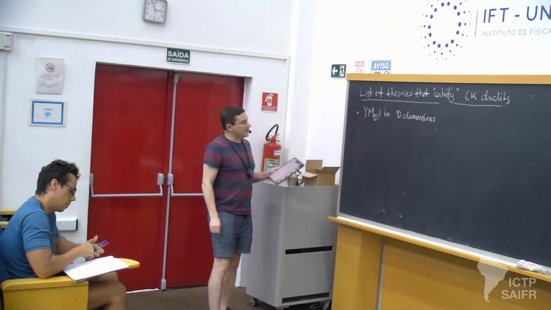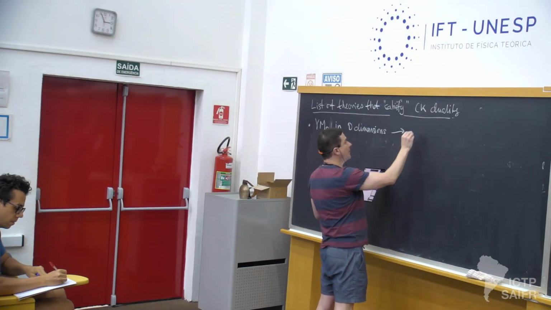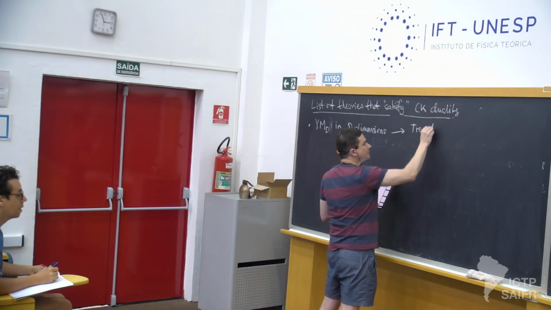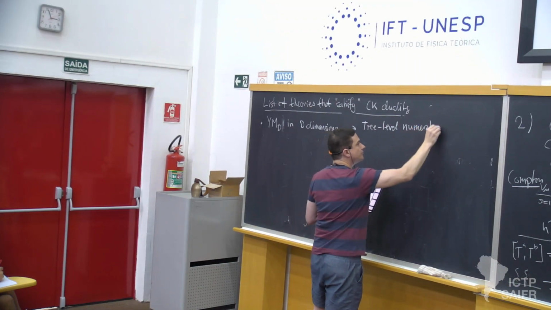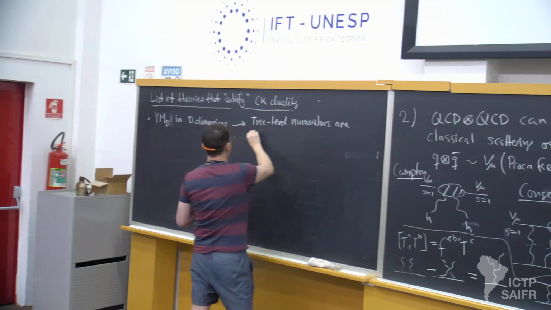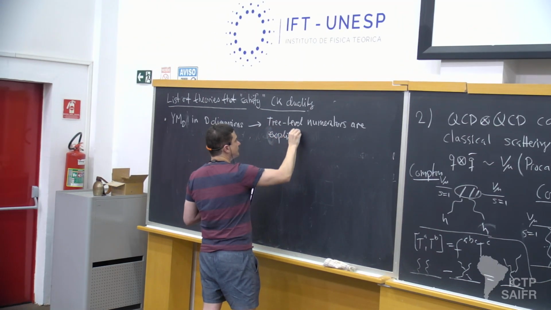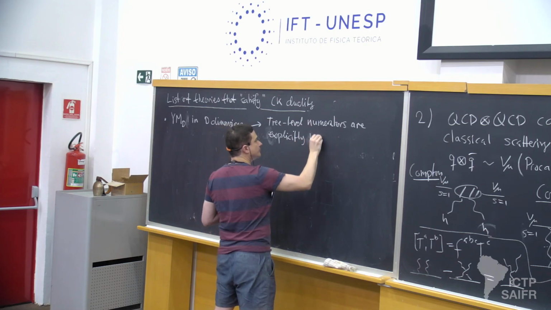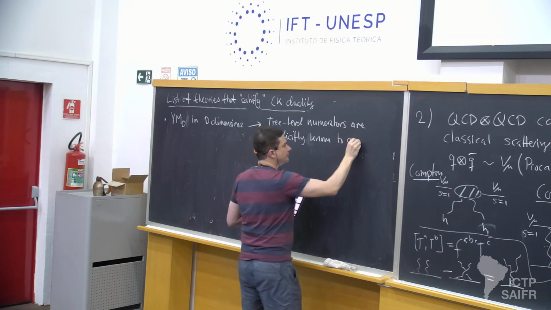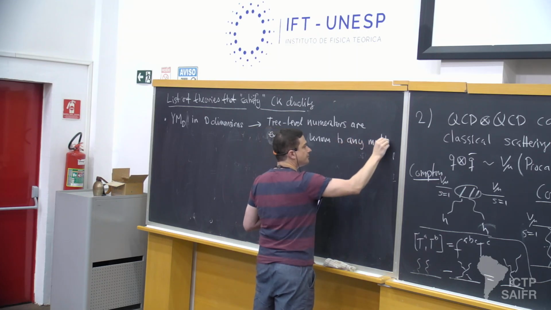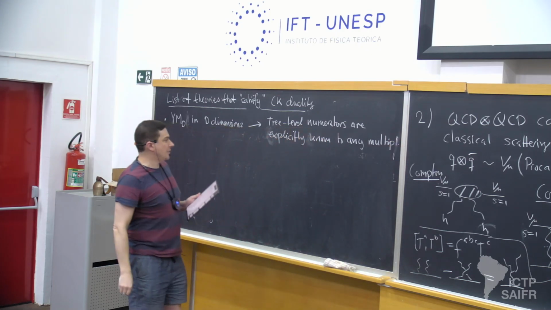The reason why we think Yang-Mills in D dimensions satisfies color-kinematics duality is because the numerators at tree level are explicitly known to any multiplicity. So basically it's a constructive proof.